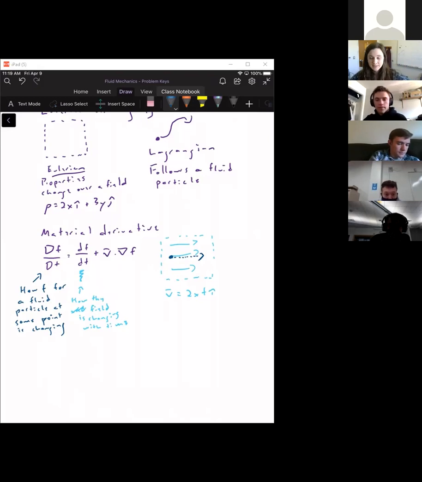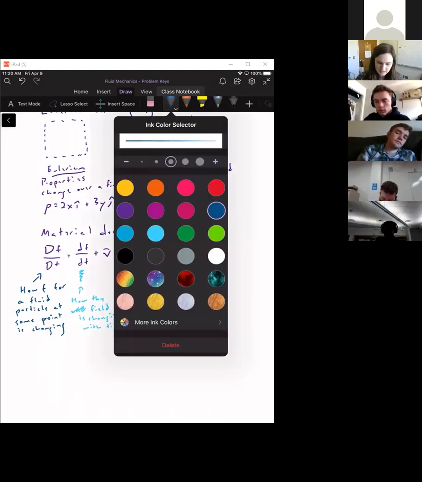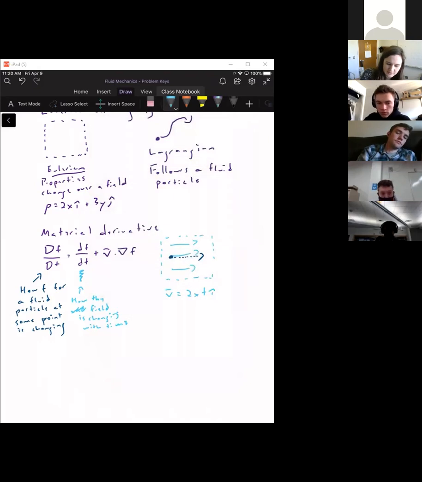That is the point of this. So the left side of the equation is Lagrangian and the right side's Eulerian? Yes, that's a way of thinking about it, because the velocity field, and F, will be expressed in terms of x and y and t, so they'll be Eulerian. And then you put it like this, and you would get Lagrangian on the left hand side.